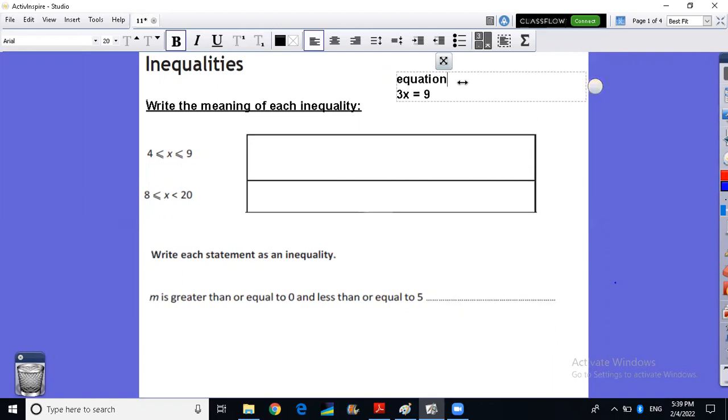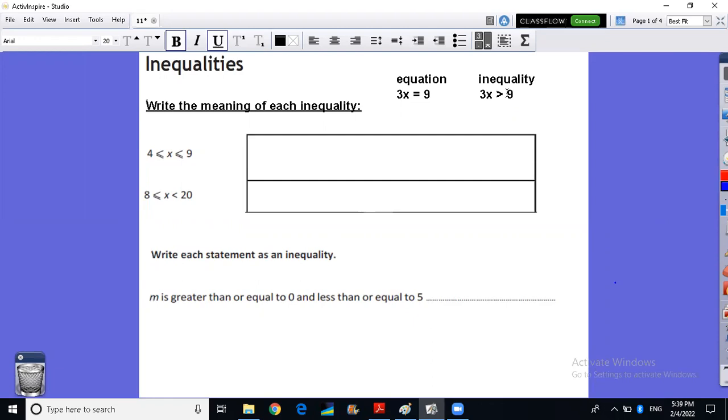But if I want to say here an inequality, what is an inequality? It is when I tell you 3x is greater than 9. Okay, now did I give you a specific number for 3x? No. In an equation, I gave you a specific number. It is equal to 9. But here, I'm telling you that it could be any number that is greater than 9.